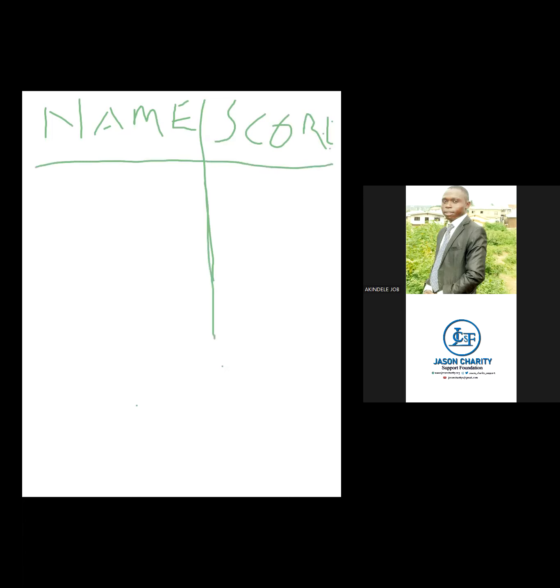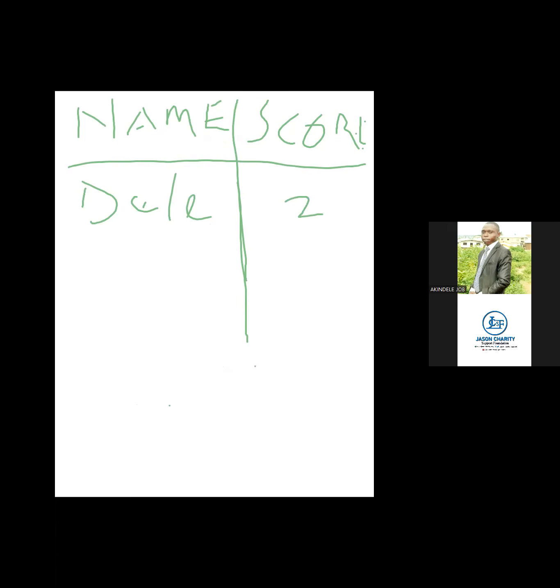Let me still use what I used the other time. Let's say Dele has 2. Let's say 2G has 3 marks. Let's say WASSCE has 4 marks. Now, this is a table.